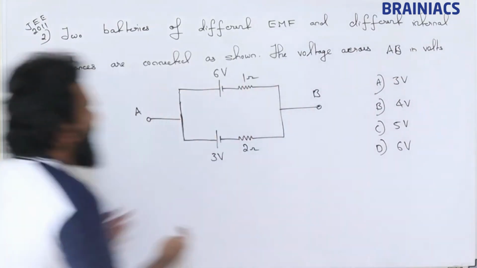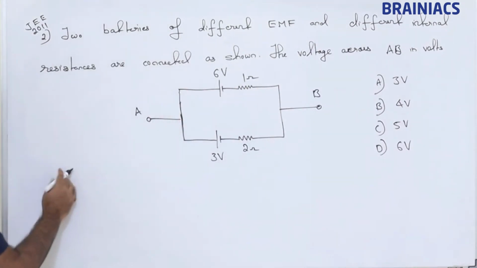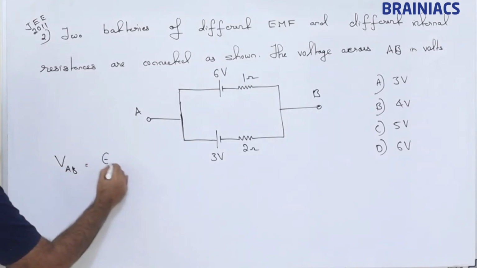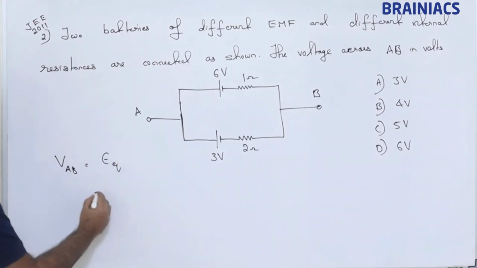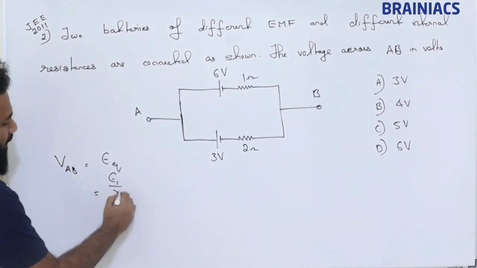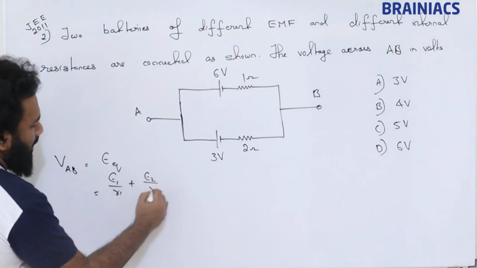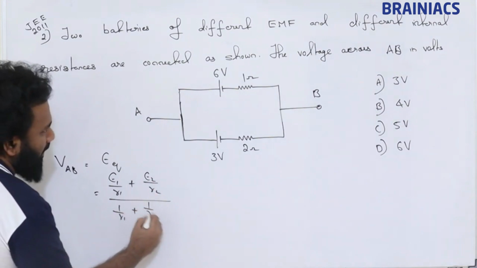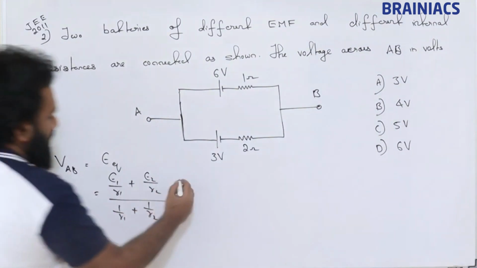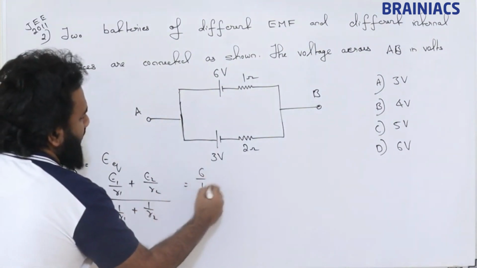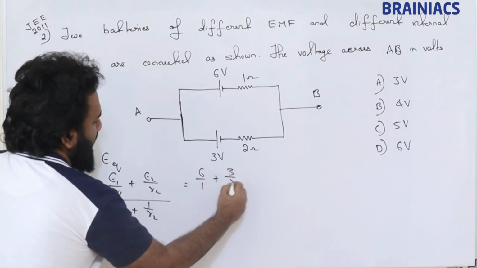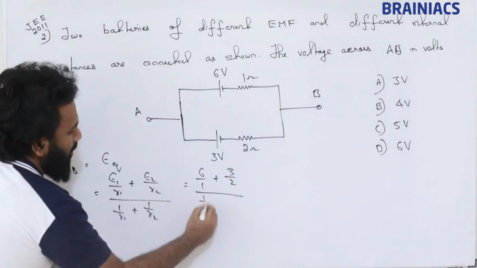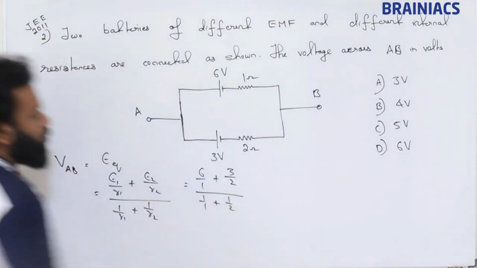So again, what we need: the voltage across AB is nothing but E equivalent. E equivalent is E1 by R1 plus E2 by R2 divided by 1 by R1 plus 1 by R2. So 6 by 1 plus 3 by 2, divided by 1 by 1 plus 1 by 2.